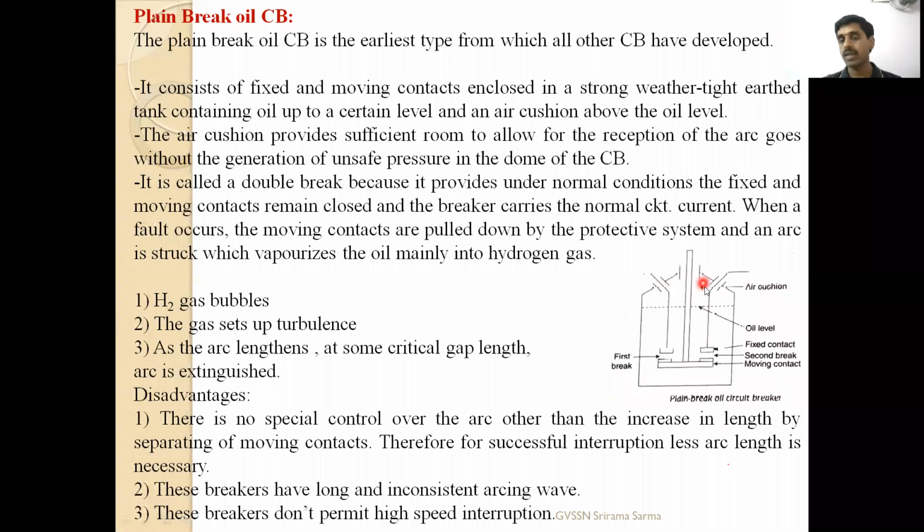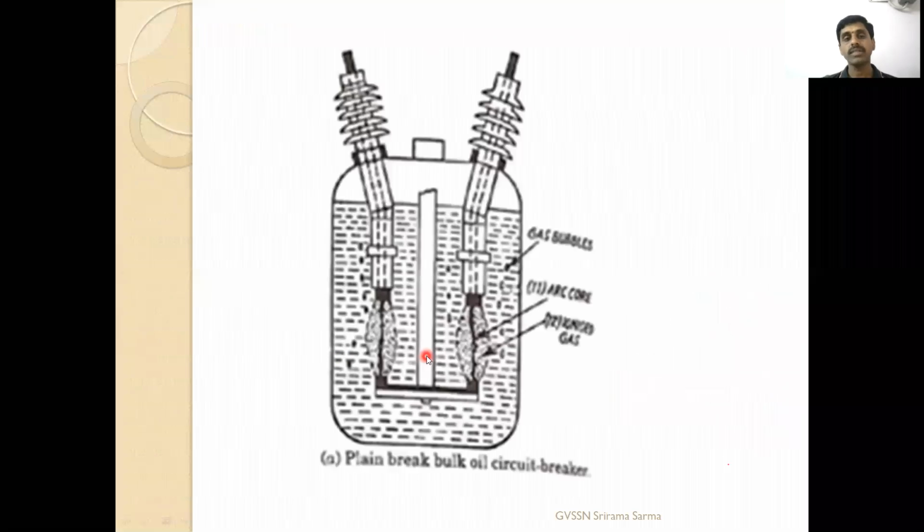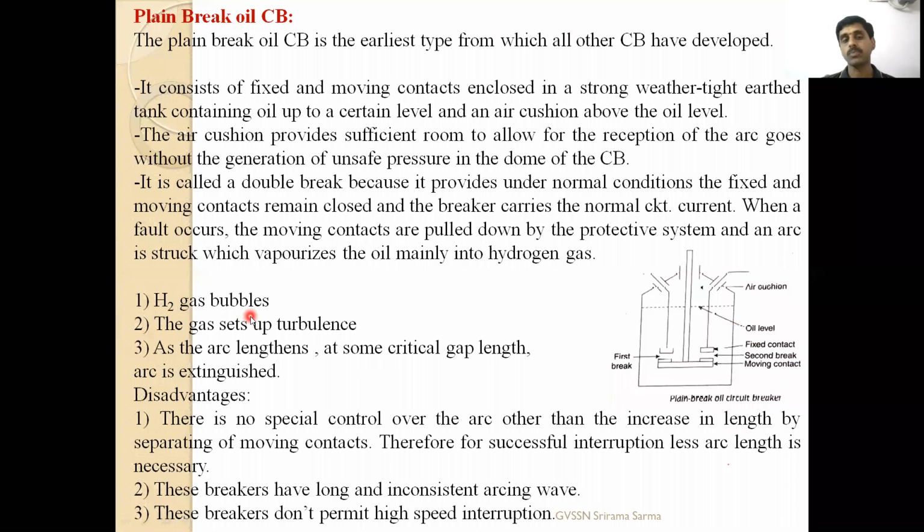If it is not provided, what happens? Pressure in the tank will increase. For that, some air cushion is required. It is called a double break because at the same time you can open two contacts here, fixed and moving. So what is the process involved? Hydrogen gas bubbles are produced, and that gas sets up turbulence, meaning some movement.